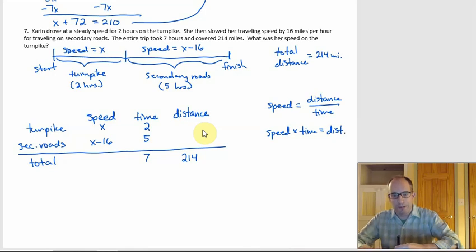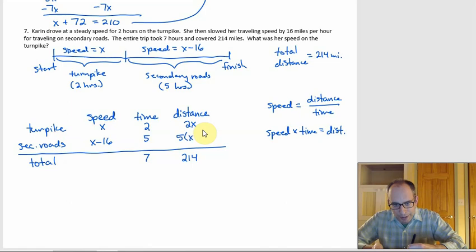And that's more helpful for us because that shows us how to get distance. And you go, oh, we can just multiply speed and time together. Okay, well then x times 2, most people would write that as 2x. And then 5 times x minus 16.